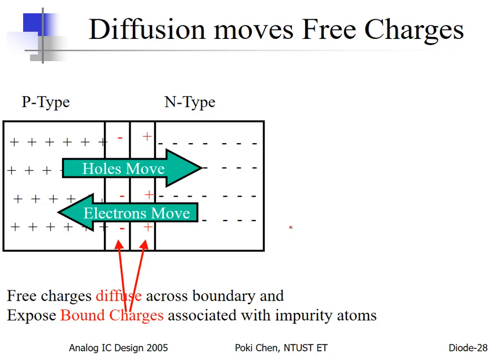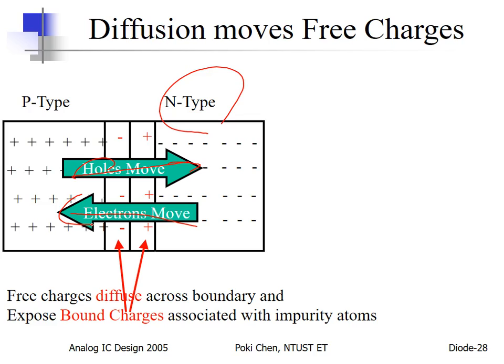So from the first moment, P-type meets N-type. You can see a lot of holes would like to diffuse into the right. On the contrary, a lot of electrons would like to diffuse into the left. Bingo. That is the first step.